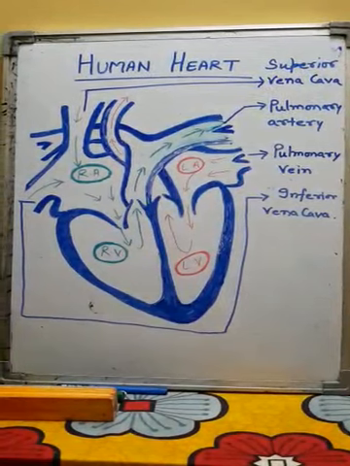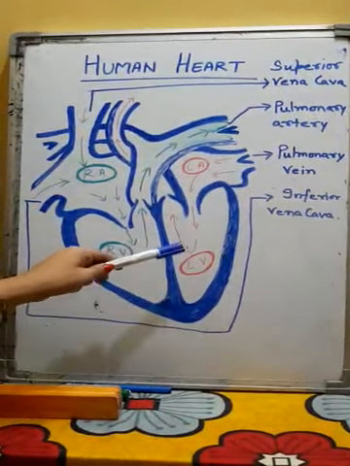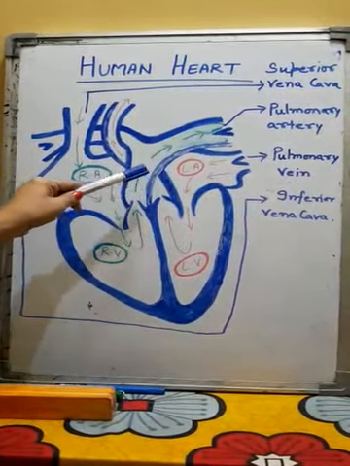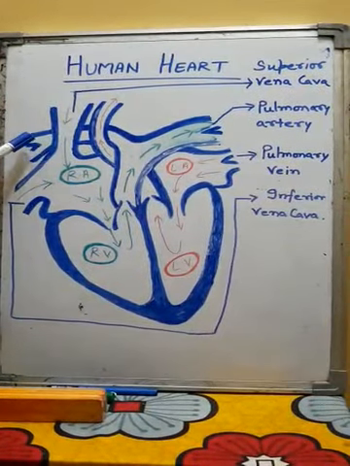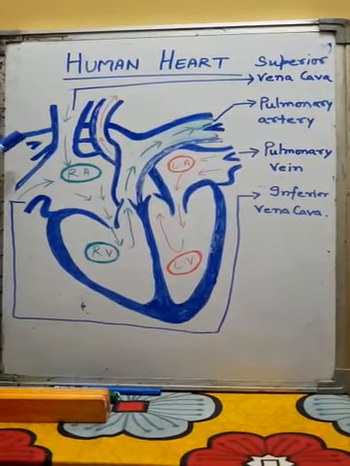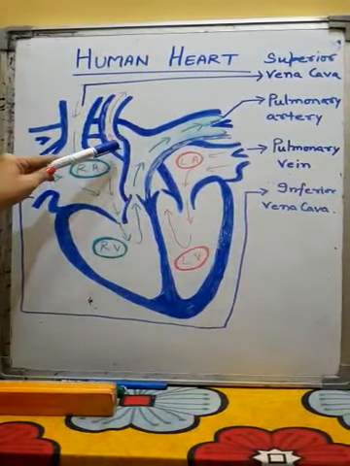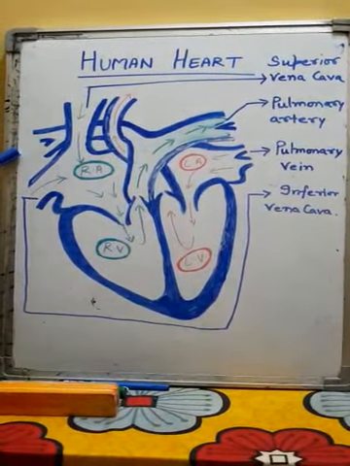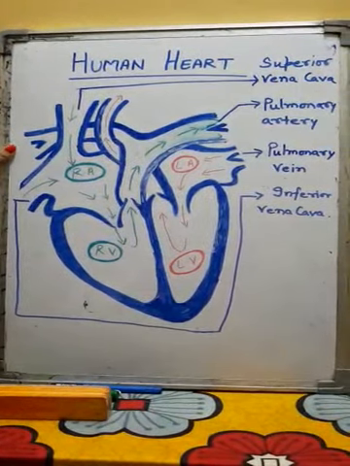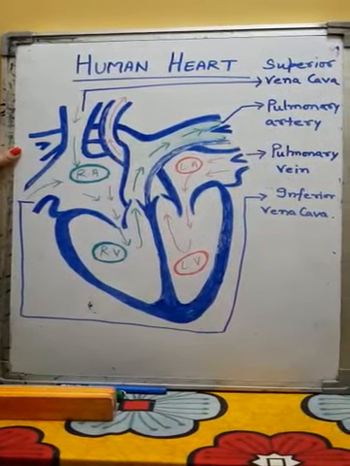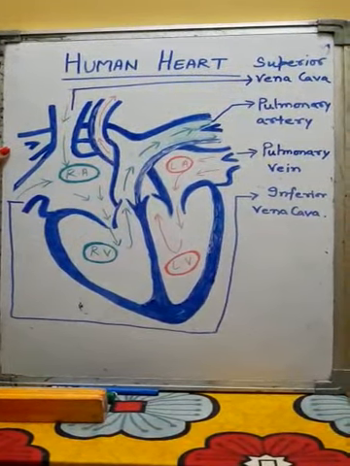Left ventricle opens into the aorta, through which blood flows to different organs and parts of the body.